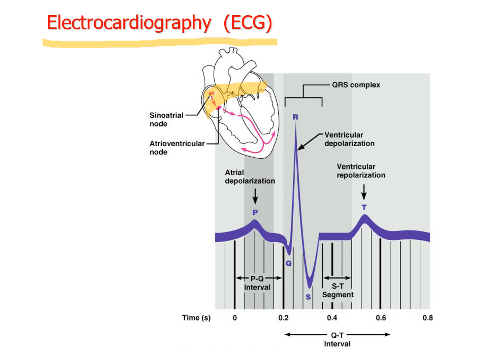So it spreads across from the right side to the left, and it also spreads down through the atria. And then after a delay of 0.1 seconds, it spreads into the ventricles, and that's even more tissue.